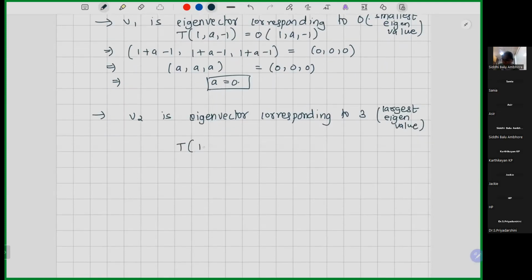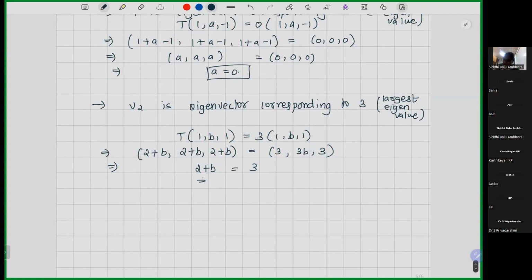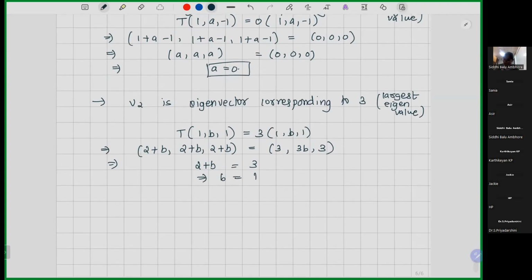So this implies that T of 1 comma b comma 1, V2 was this, equals 3 times (1 comma b comma 1). So this is 2 plus b. I'm just adding all three. 2 plus b, 2 plus b, 2 plus b is equal to 3 comma 3b comma 3. So 2 plus b is equal to 3, which implies b is equal to 1.